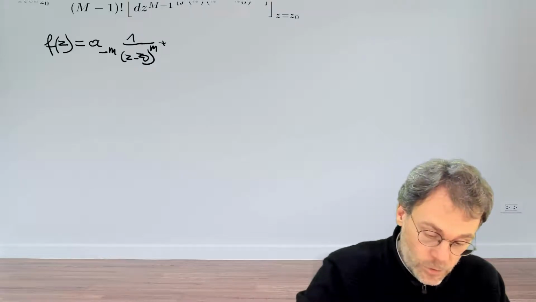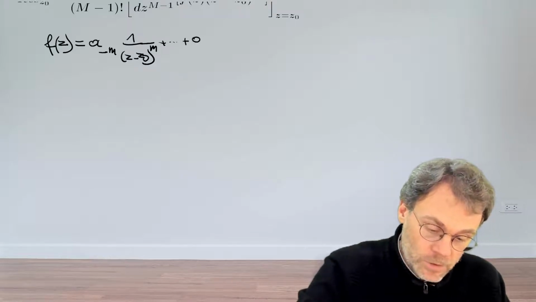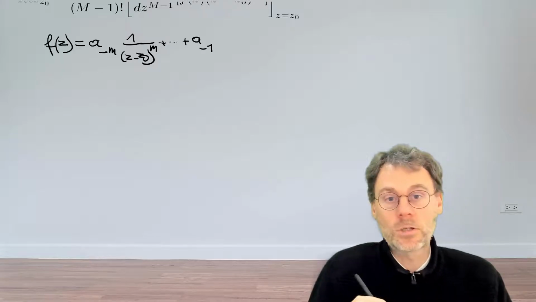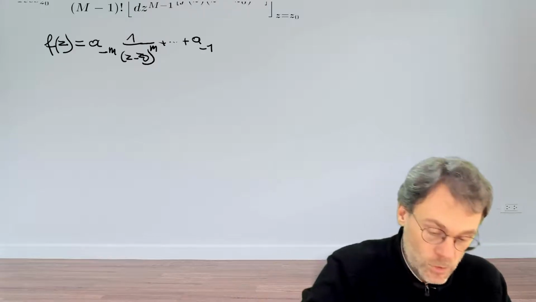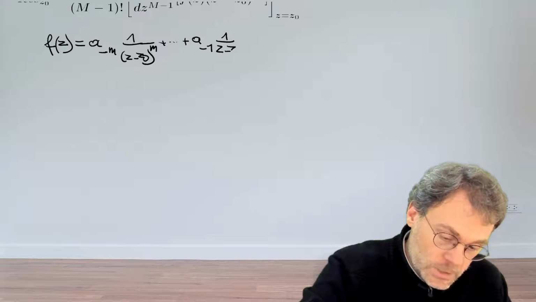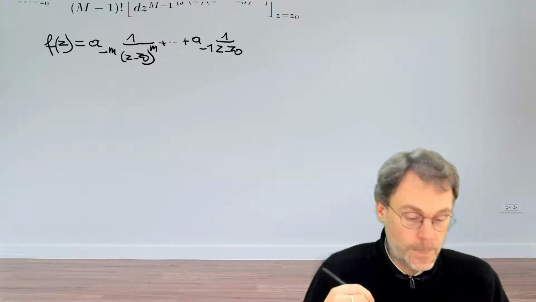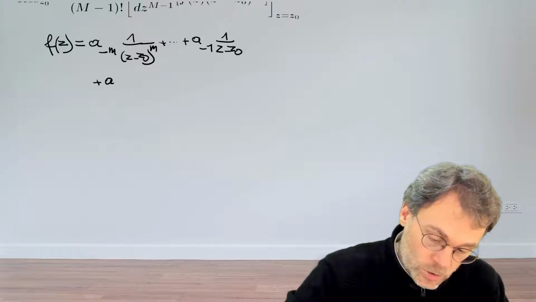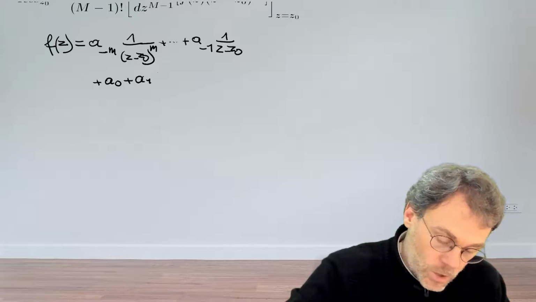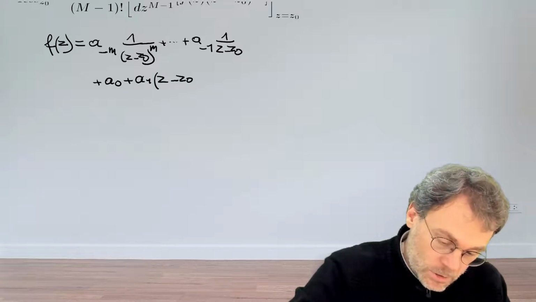And then we have lots of other terms until we arrive at a term which is of special interest to us, namely a minus 1, the residue, times 1 over z minus z naught.